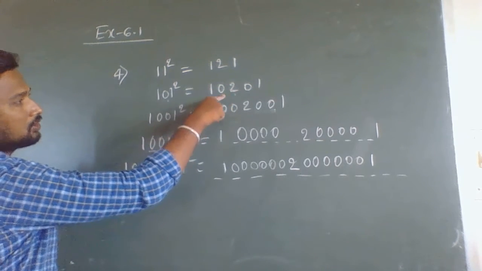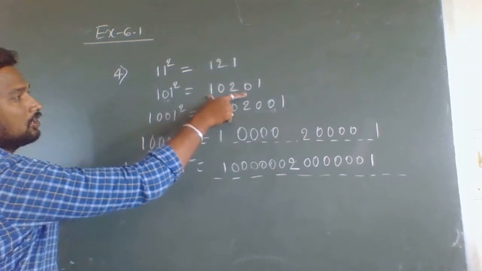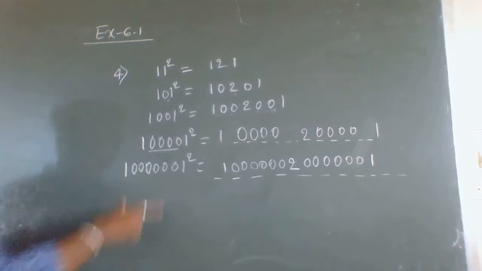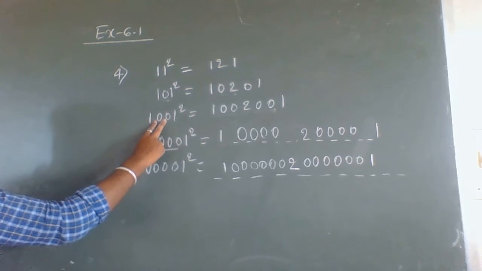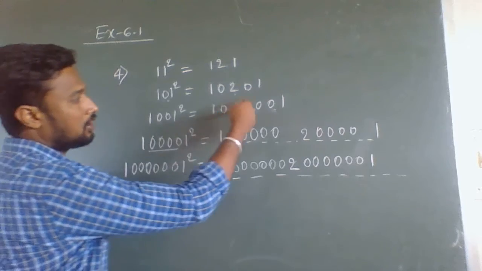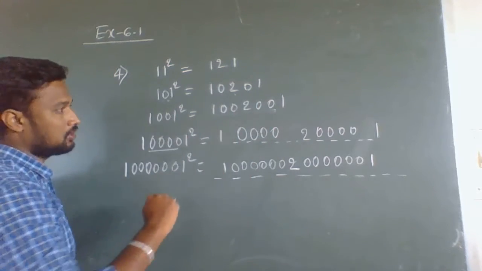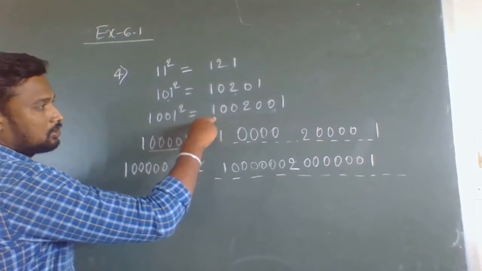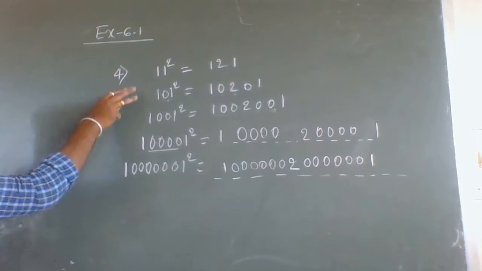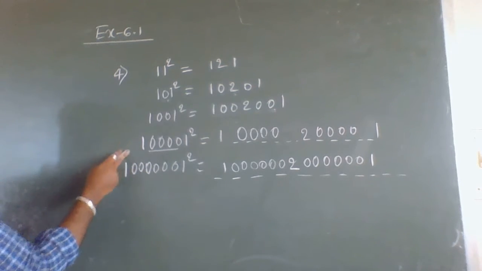Before 2, 1 zero and after 2, 1 zero, and this number starts with 1 and ends with 1. Like this only, here they have given 2 zeros before 2 and 2 zeros after 2, and again this number also starts with 1 and ends with 1. So by using these patterns we can write these two answers.